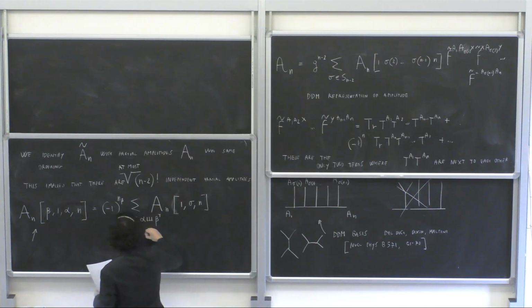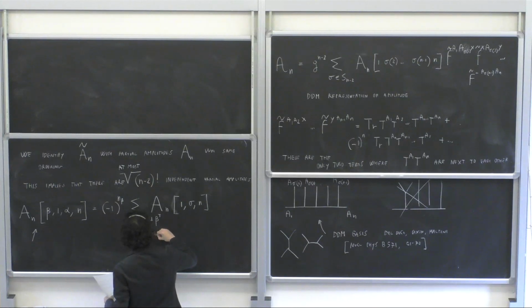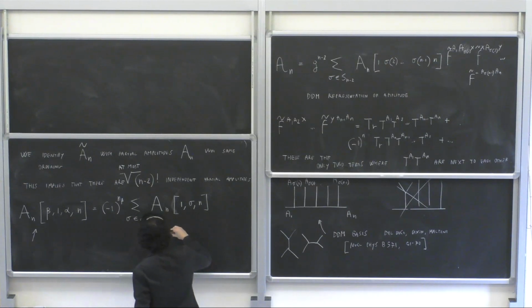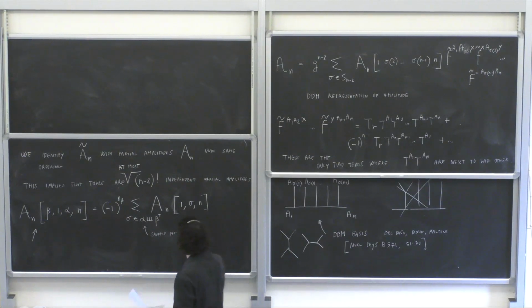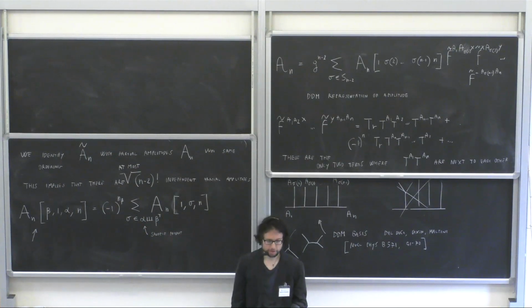So the shuffle product is obtained by permutations in which the internal order of the elements of alpha and beta transposed is preserved.